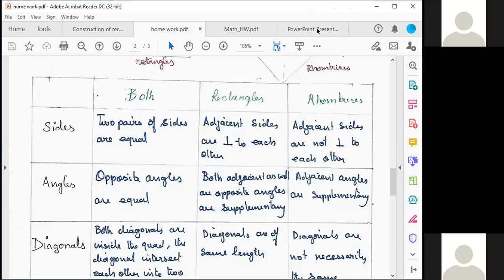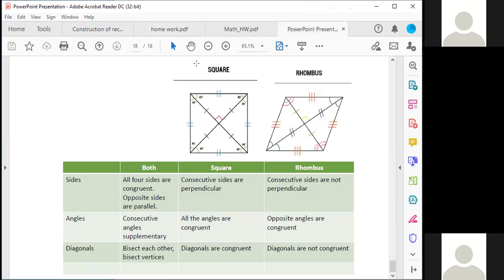Okay, now this is again another square and rhombus. Four sides are congruent. Now, when you are comparing square and rhombus, and you talk about consecutive sides being perpendicular or not, you are actually commenting about the angle. So why not leave that for the angles row?